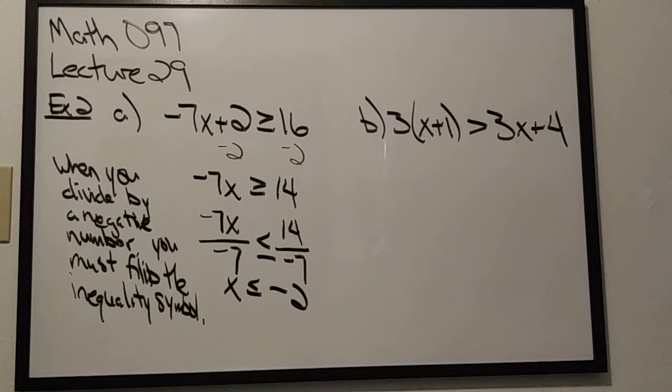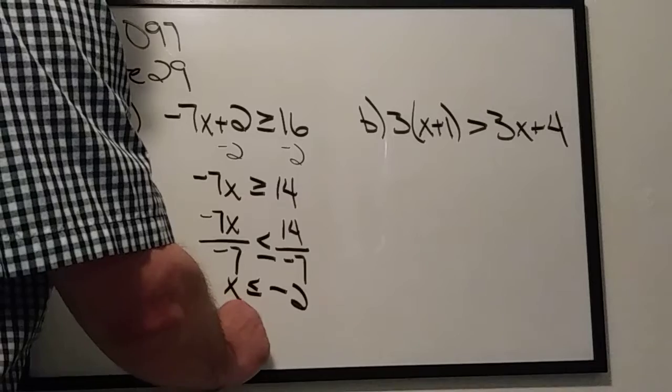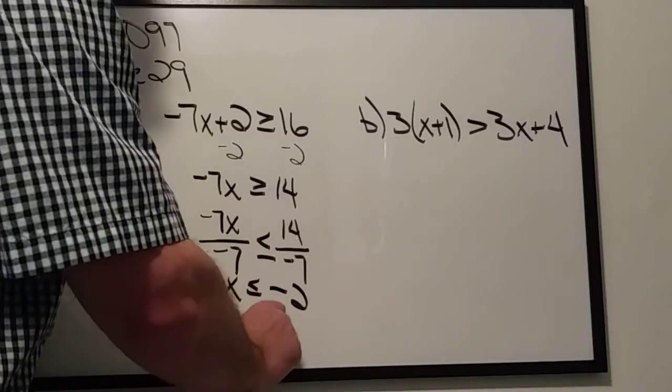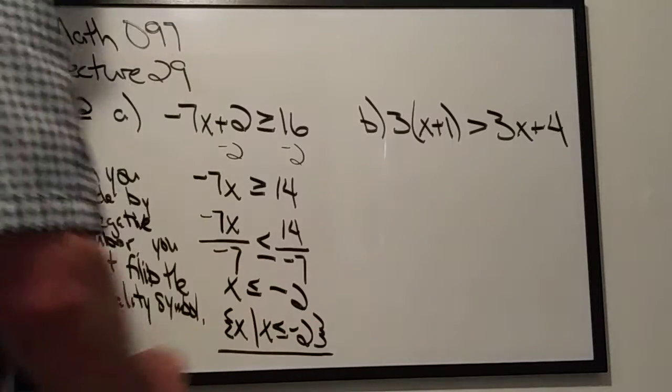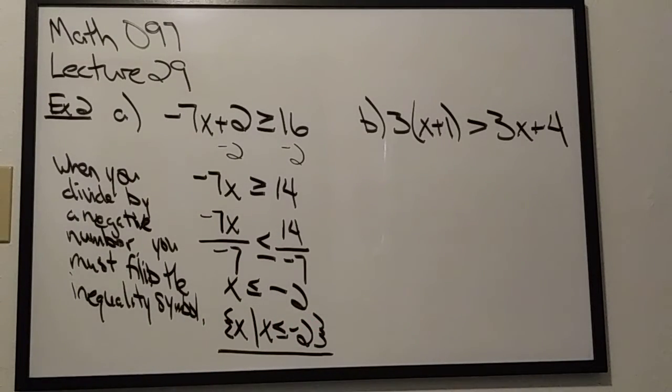So now we can take this inequality, which can never be a final answer in this section, and write it using one of our notations we were talking about a moment ago. The interval notation or the set builder notation. I'm going to use set builder notation on this one. It's going to be the set of all x values such that x is less than or equal to negative 2. So there's our final answer in set builder notation.